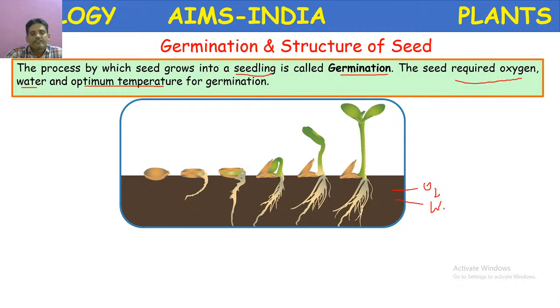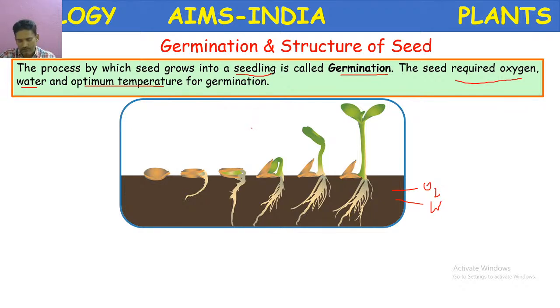We will water the plant. So water is available, and the seed also requires optimum temperature, which is also present inside the soil. The sunlight provides the optimum temperature. When these conditions are available, then the seed easily germinates.